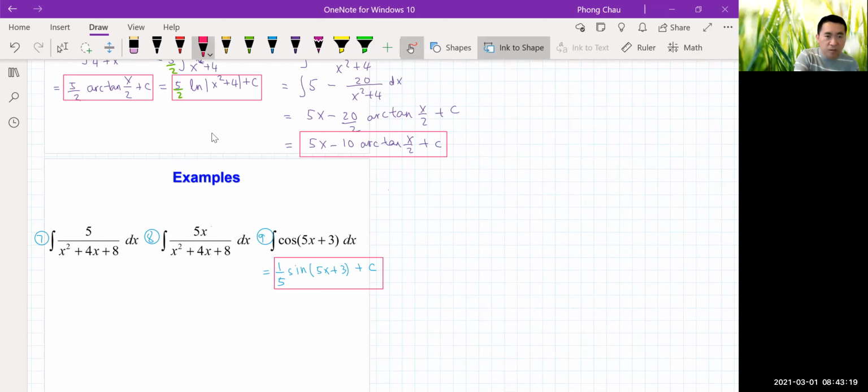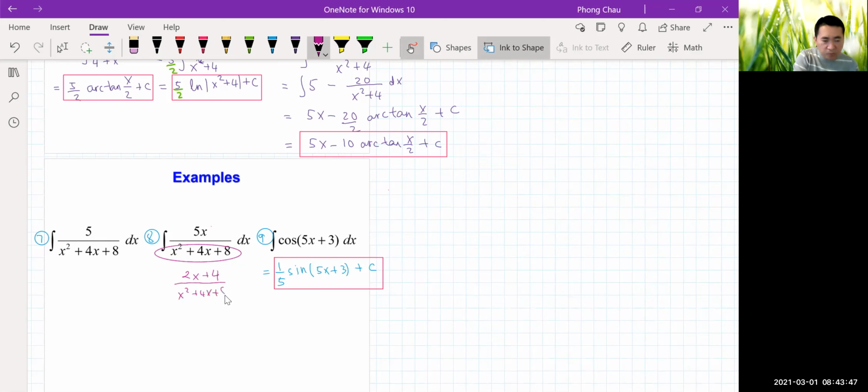If you look at the u in the bottom here, x squared plus 4x plus 8, if you take the derivative, you get 2x plus 4. So the trick here is, in order to make it work, you have to modify the 5x so that you have 2x plus 4 in the numerator.